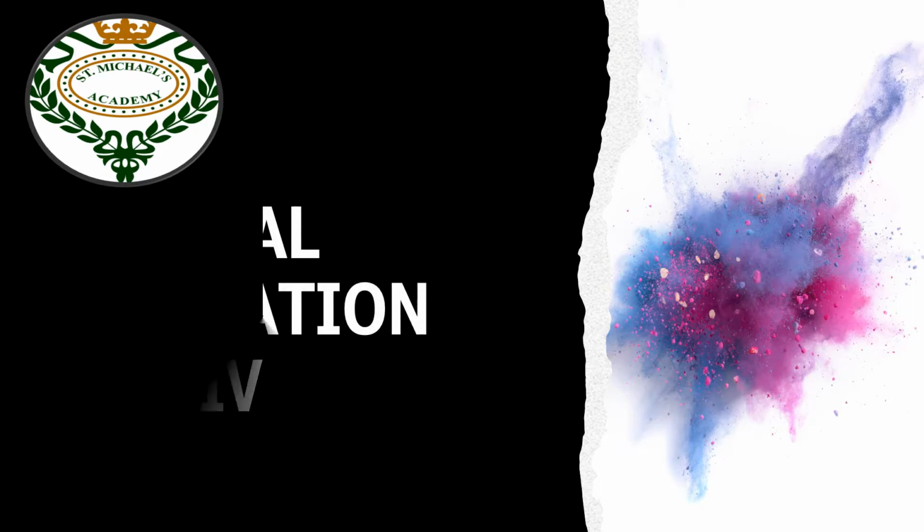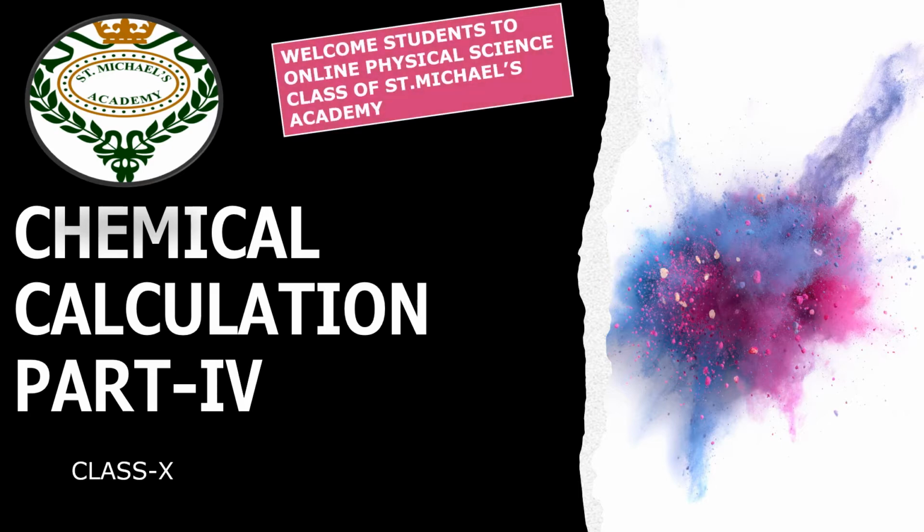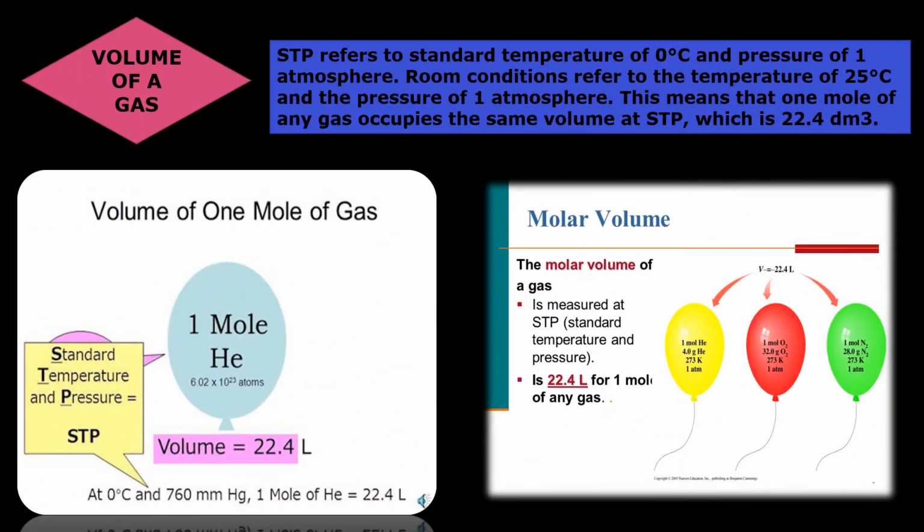Today I am going to discuss the sums related to volume of a gas and vapor density. So let's start another part of chemical calculation. What is volume of a gas, or what do you mean by volume of a gas?